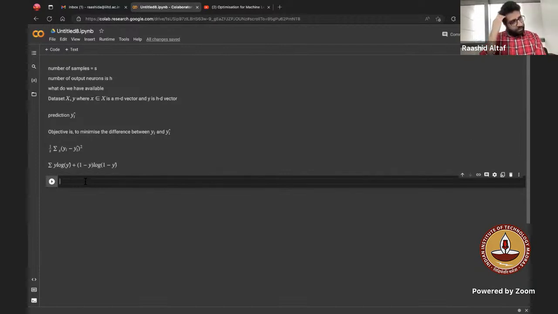So what we have is one other thing. Say when you have a digit classification, let's take that example. You have a neural network that classifies handwritten digits. In an input, you get a handwritten image of a digit, and you have to find out which digit it is.